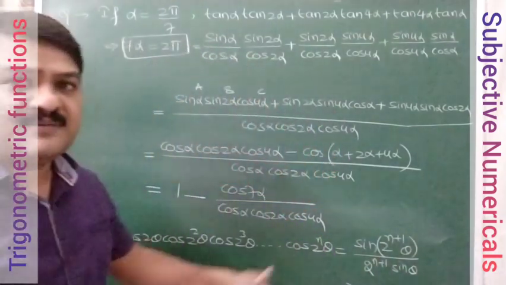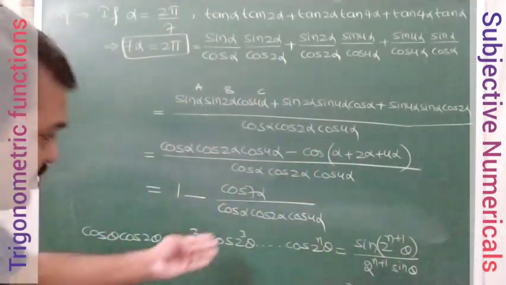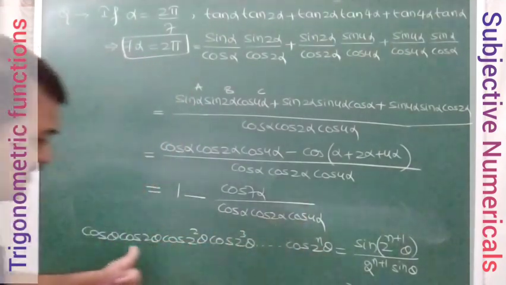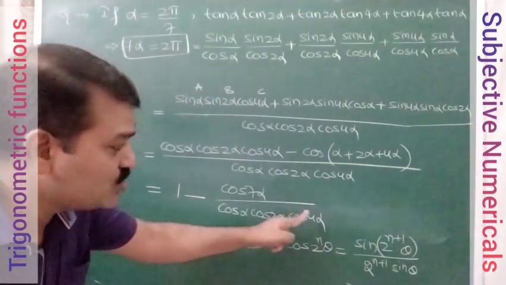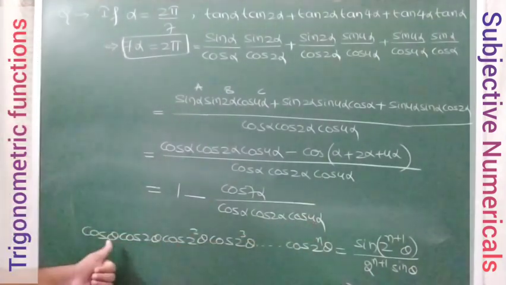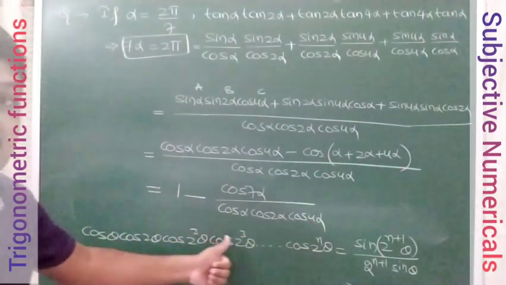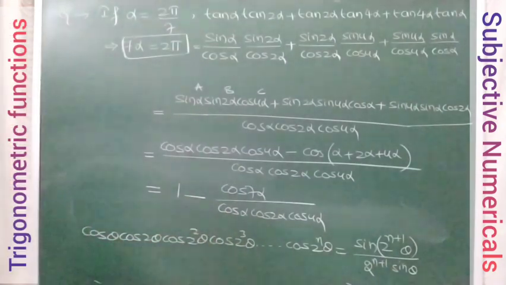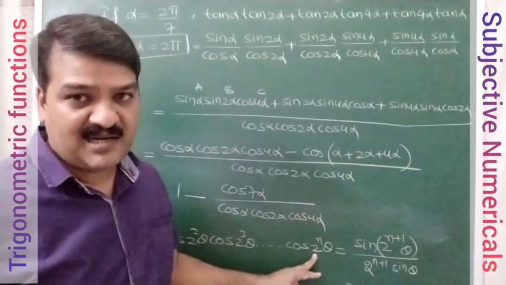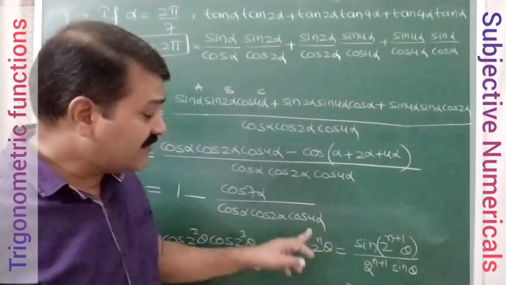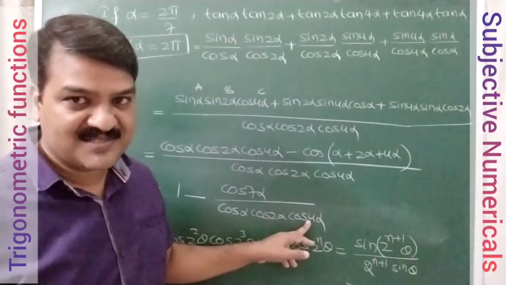So this is the formula. So see, the denominator is in this model because we have alpha, 2 alpha, 2 square alpha, like theta, 2 theta, 2 square, 2 cube theta, 2 power 4 theta, and so on. We have the model. So the last term is cos 2 power n theta in the formula, and here we have 2 square alpha last.